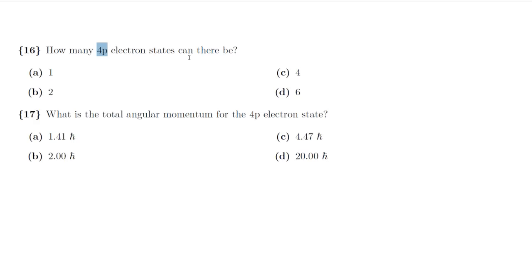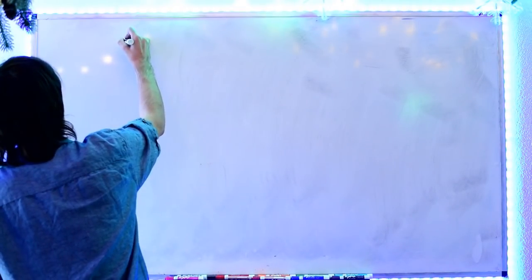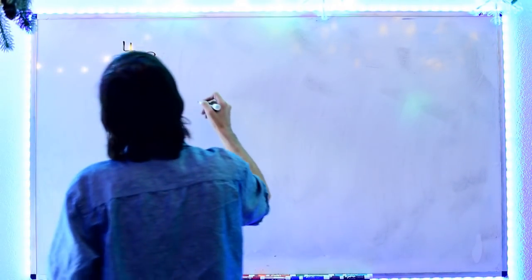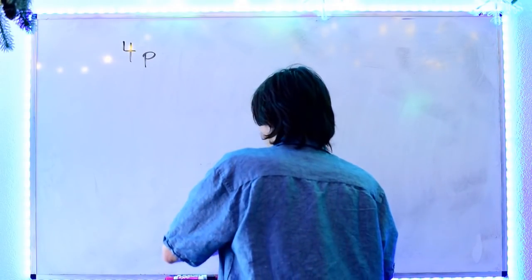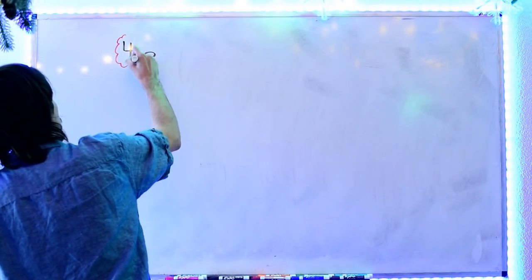So there's two things you should pull out of this 4p. First has to do with the number that's in front, and the second has to do with the p that's in front, or whatever letter it ends up being. So for 4p, in our case, the first number represents the energy level.